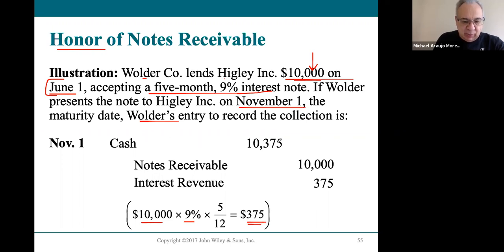So that's how much cash we're getting. But of that 10,375, 10,000 is the note, the loan itself. The other 375 is money you've earned on the loan. Because you've earned it, it's revenue. So it's going to be credited to the interest revenue account.